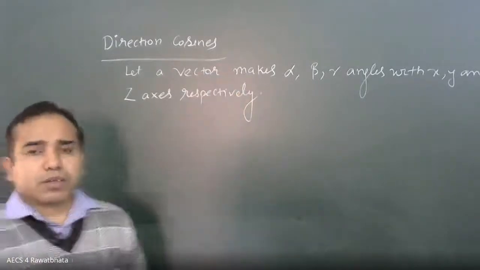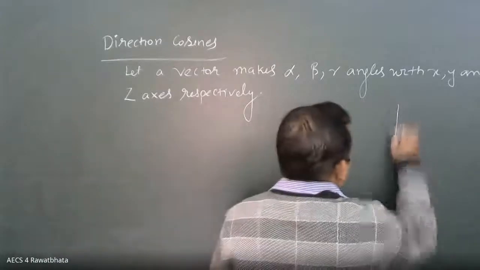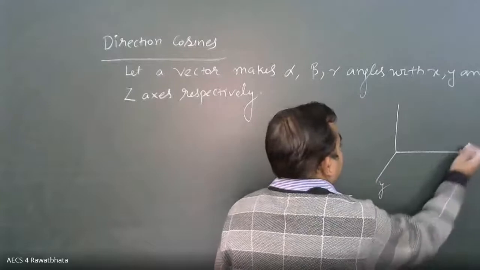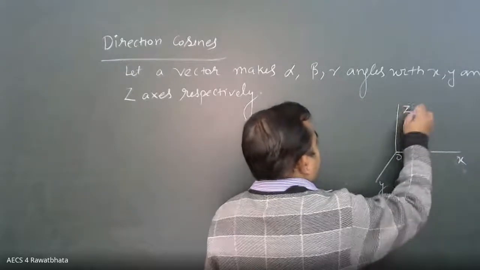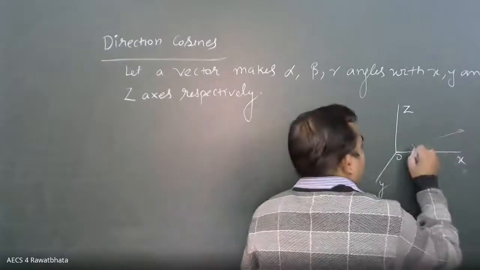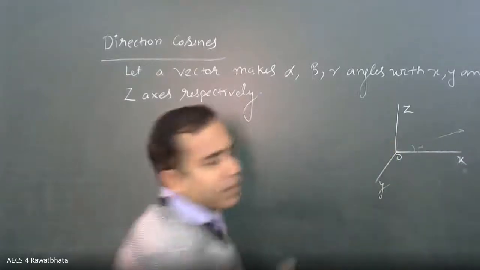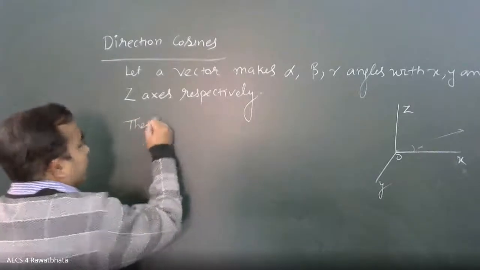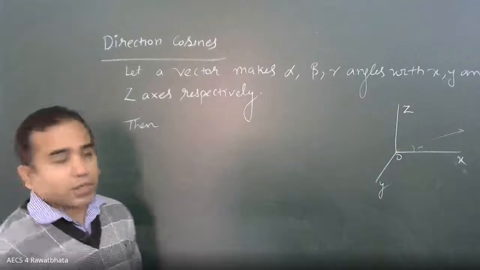Are you imagining that three axes are there? X axis, y axis, and z axis. Then there is a vector which makes alpha angle with x axis, beta angle with y axis, and gamma angle with z axis. Then if you take their cos, whose cos? In angles के.